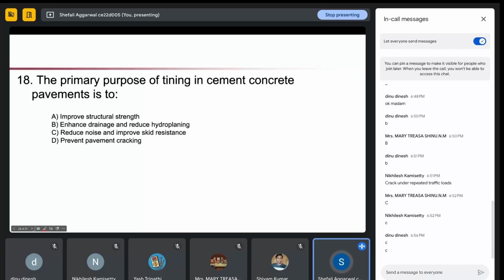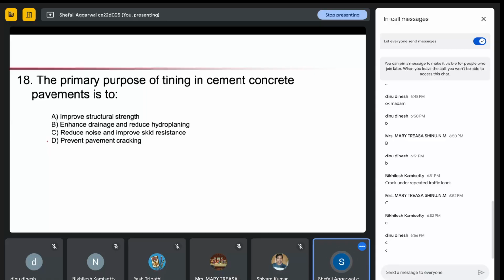The primary purpose of tining in cement concrete pavement is to improve structural strength, enhance drainage and reduce hydroplaning, reduce noise and improve skid resistance, or prevent pavement cracking. We are making our rigid pavement surface more rough.